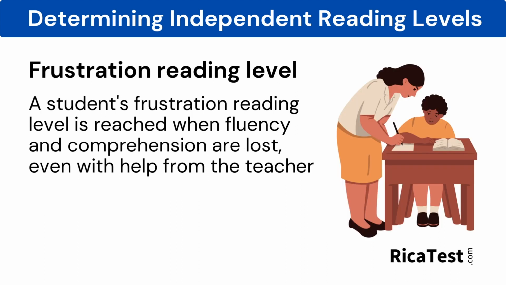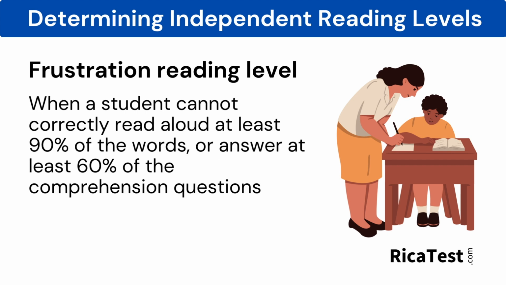A student's frustration reading level is reached when fluency and comprehension are both lost, even with help from the teacher. The frustration reading level is defined when a student cannot correctly read aloud at least 90% of the words or answer at least 60% of the comprehension questions.